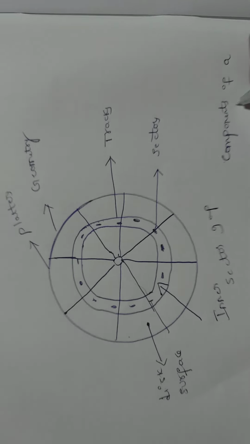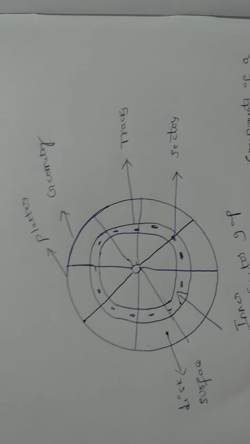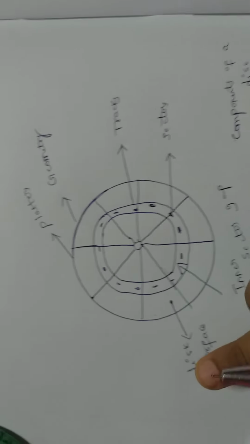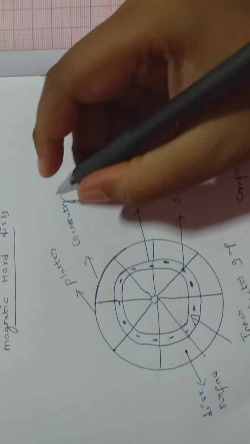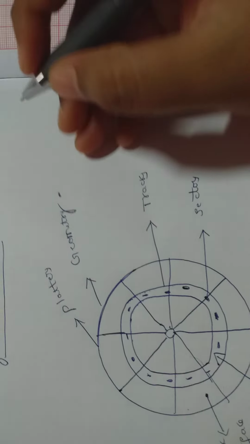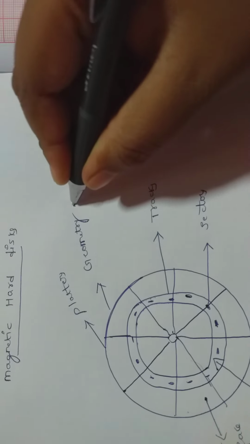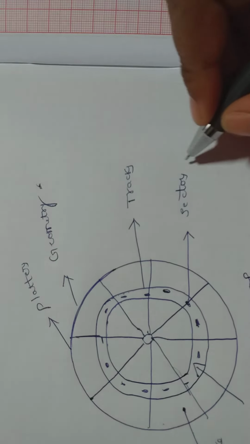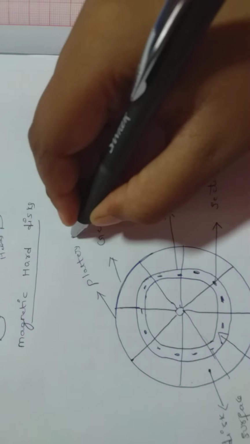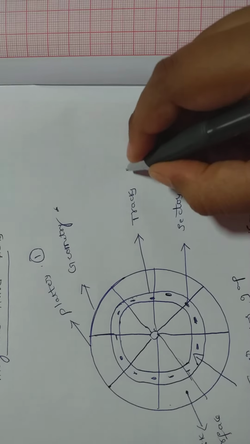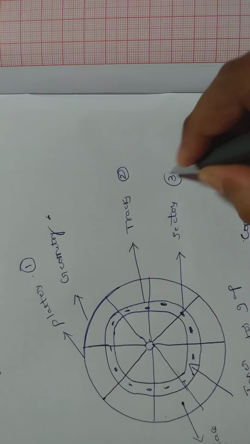I am explaining about geometry and all this. What is meant by geometry? Geometry consists of platters, tracks and sectors.